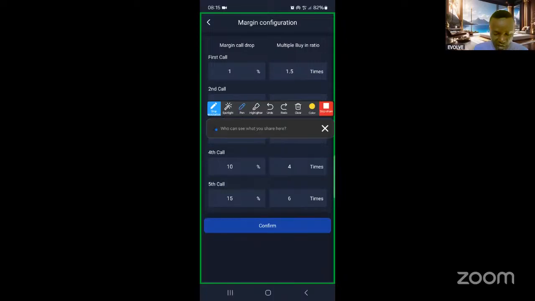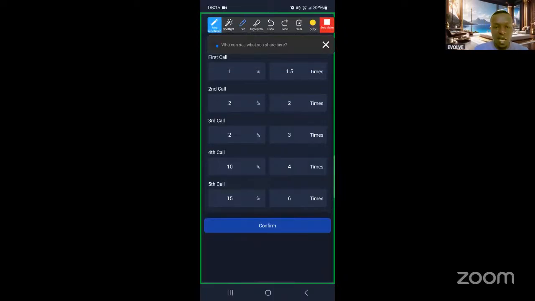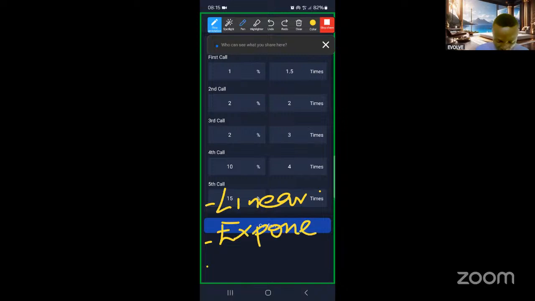And we said the ratios are three types. There is the linear ratios, we have the exponential ratios, and we have the custom ratios. Right? Linear is 1, 2, 3, 4, 5.